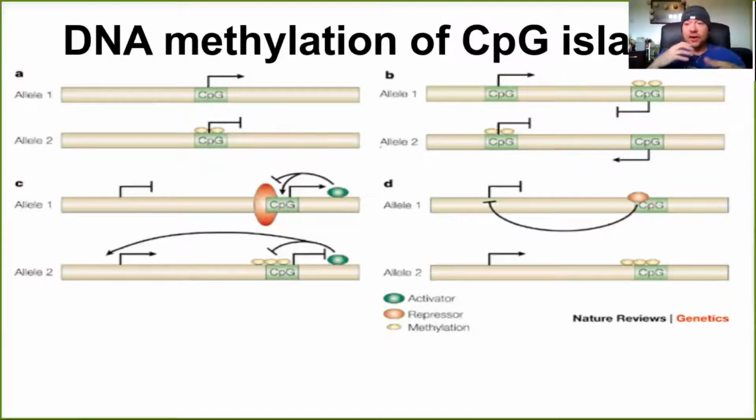Or it can be switched off, and therefore that repressor is no longer active. So you can basically switch on a gene, activate a repressor, or activate an activator. You can switch off a gene, etc. There are all sorts of different permutations whereby you can switch on activators or switch them off, switch on repressors or switch them off, and it all boils down, at least partially, to how methylated particular genes are.